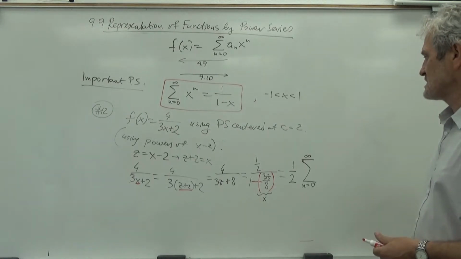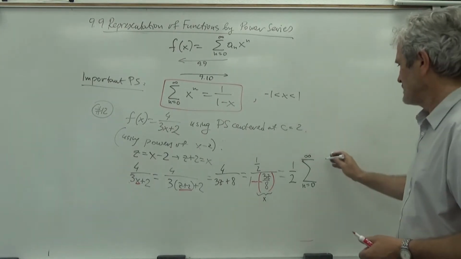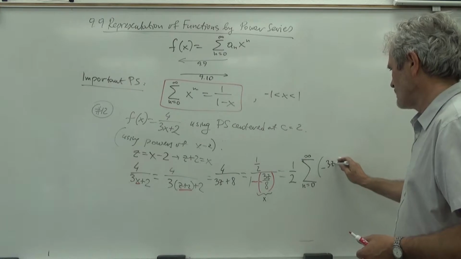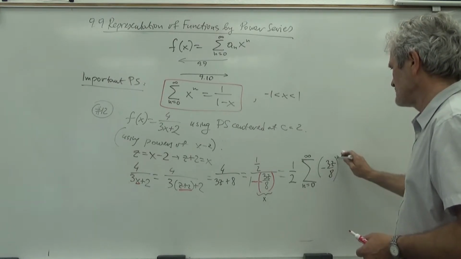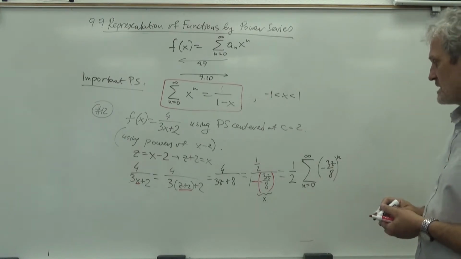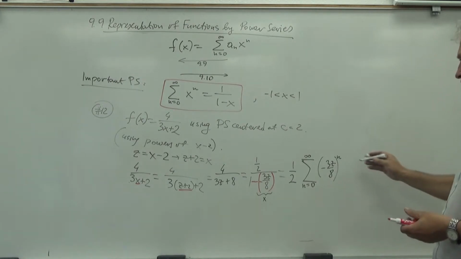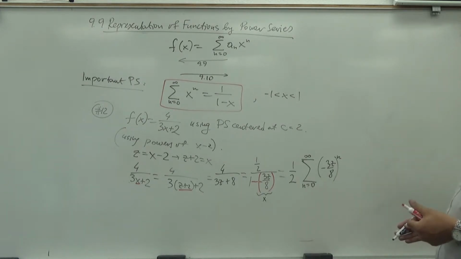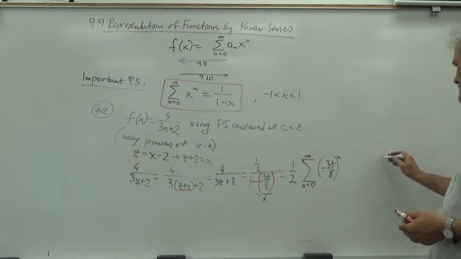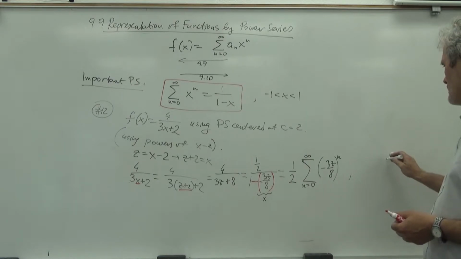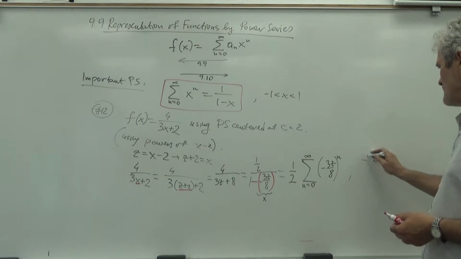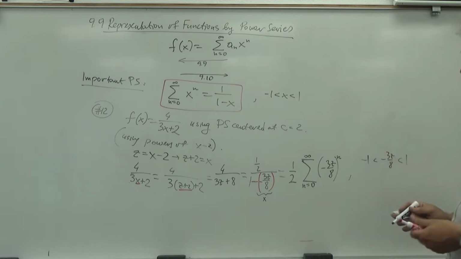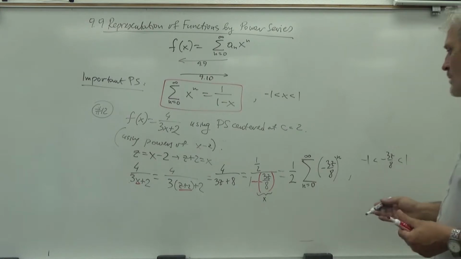So that will be the sum of negative 3z over 8 to the n. And then the same way as before, the absolute value of negative 3z over 8 should be between negative 1 and 1. And that's it.